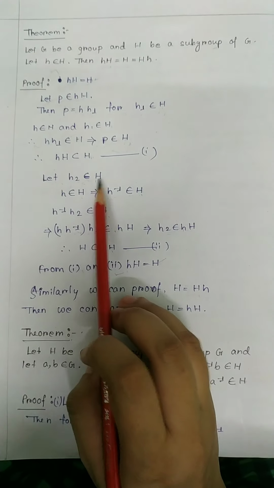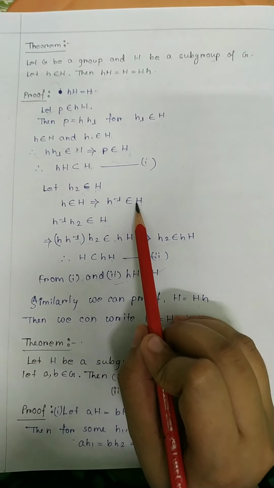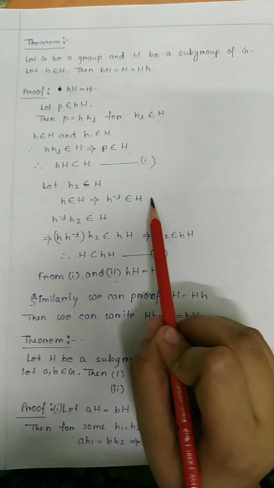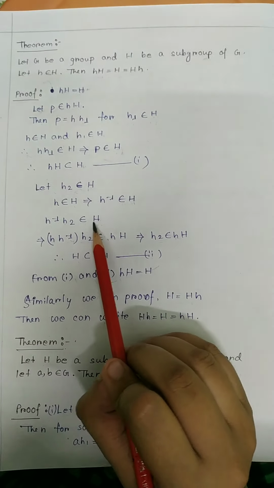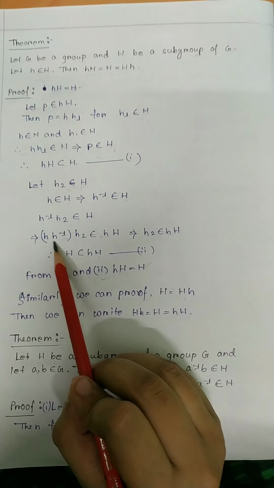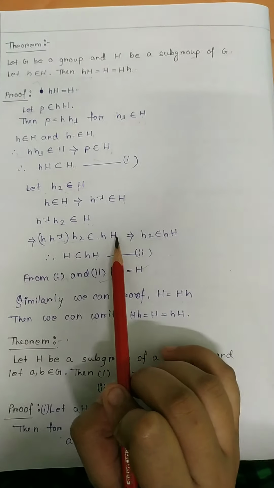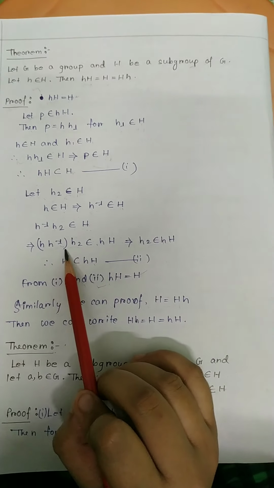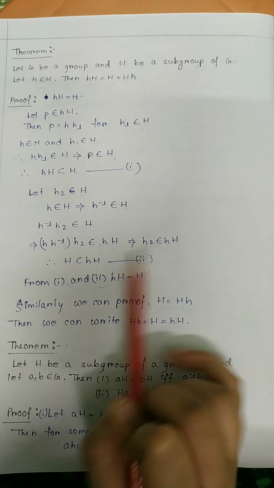Let h2 belong to H. h belongs to H, so h inverse also belongs to H, as H is a subgroup. So h inverse h2 belongs to H. We multiply h on both sides, so h(h inverse h2) belongs to hH. h h inverse = e and e h2 = h2, so h2 belongs to hH.